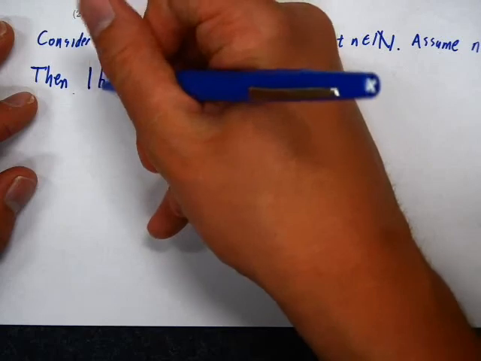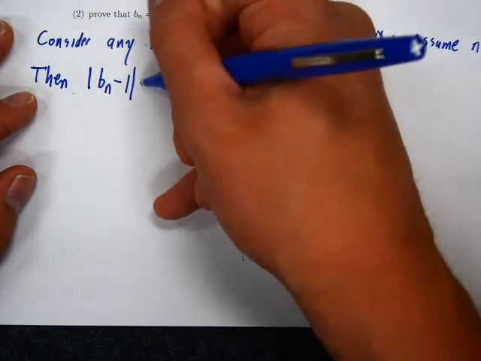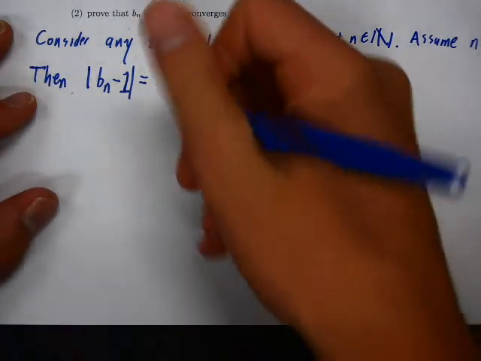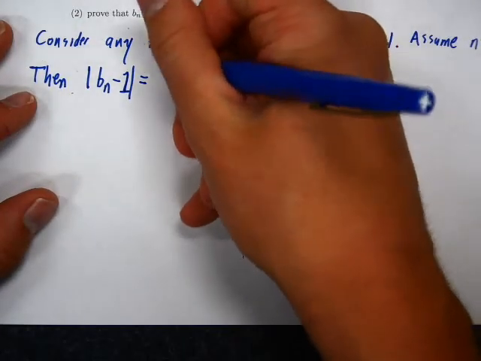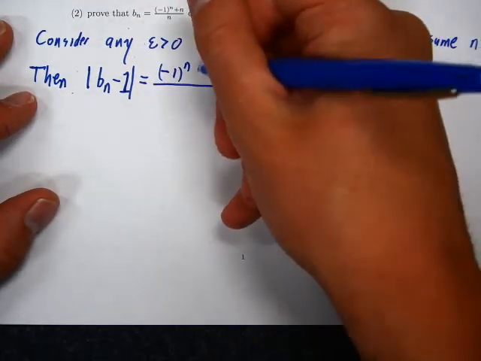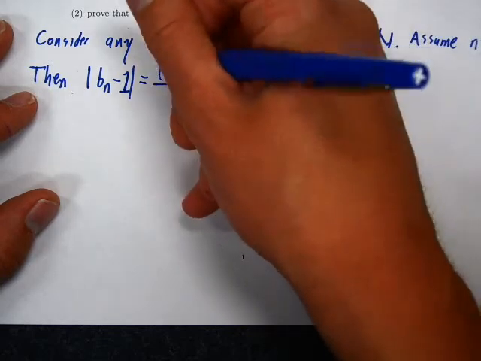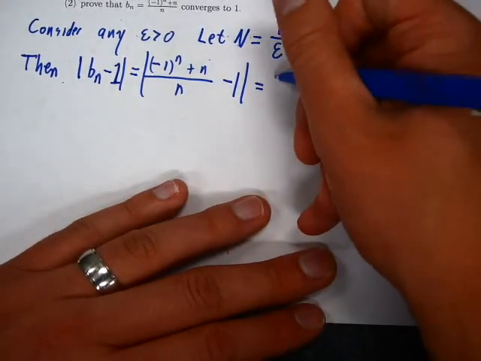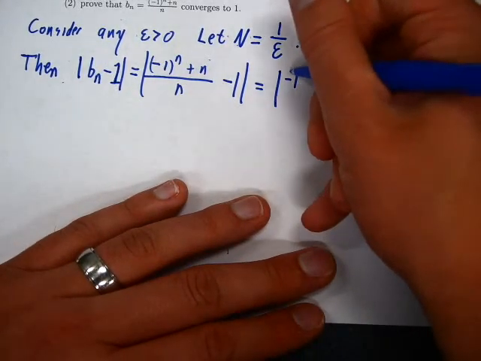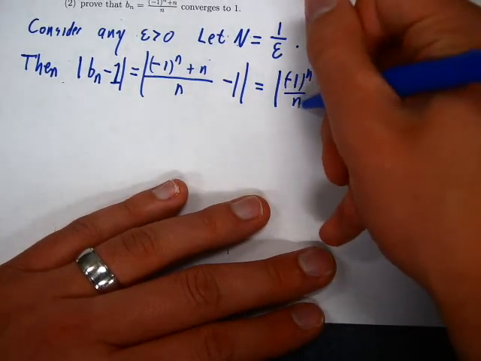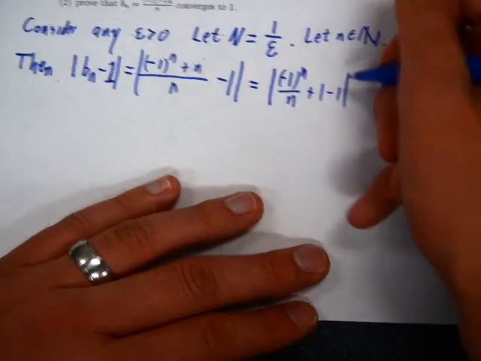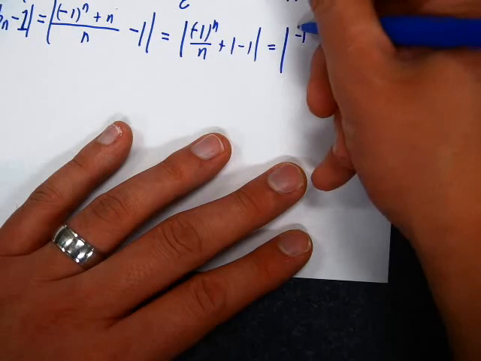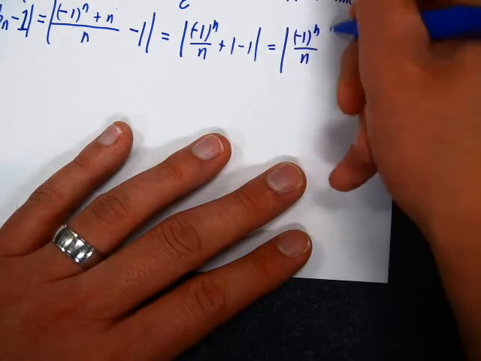Absolute value of b sub n minus 1. We've just figured out what that's equal to. That is equal to the absolute value of ((-1)^n + n) over n minus 1, which is equal to (-1)^n over n plus 1 minus 1, which equals the absolute value of (-1)^n over n.